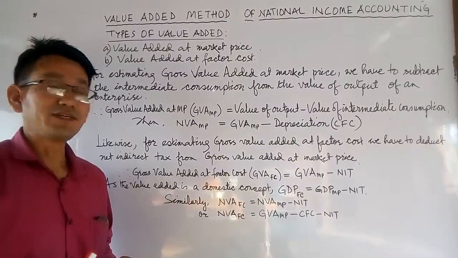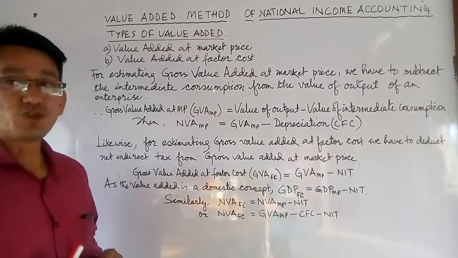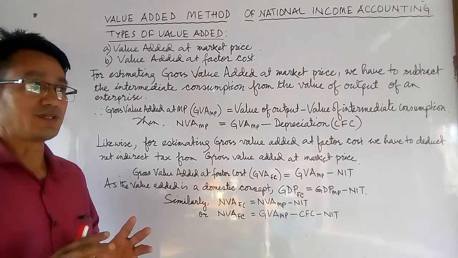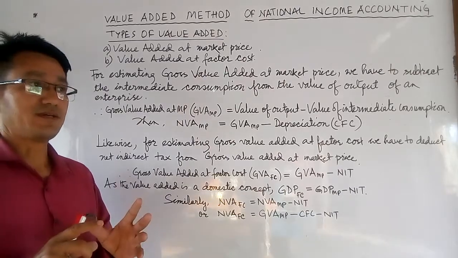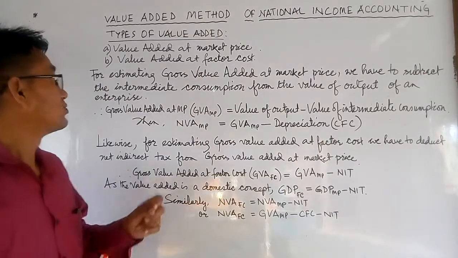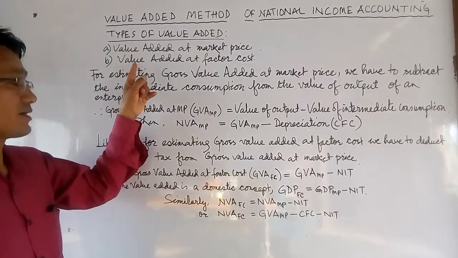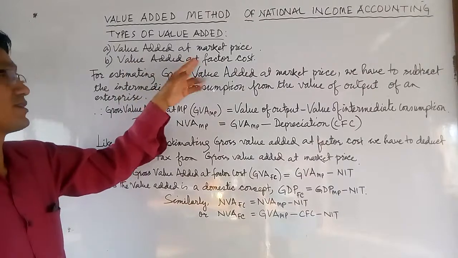So now let us see the types of value added. Just like the types of different aggregates, we have the value added at market price. Then again we have another one, value added at factor cost.